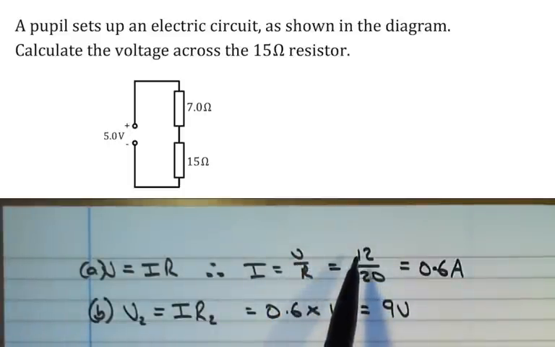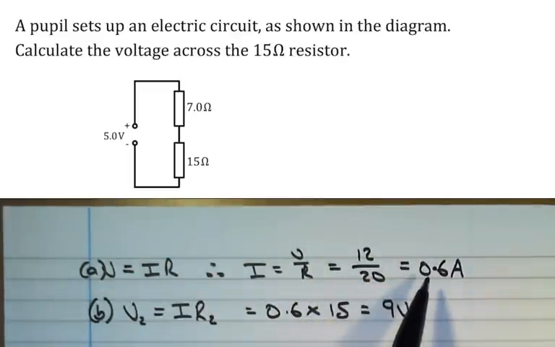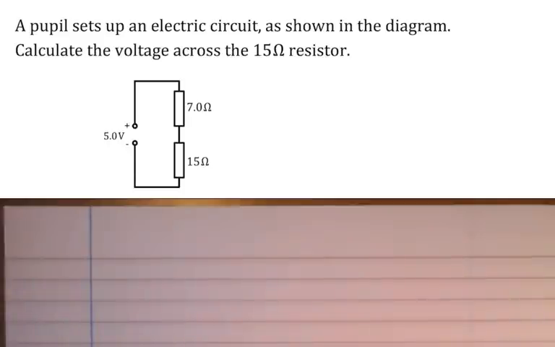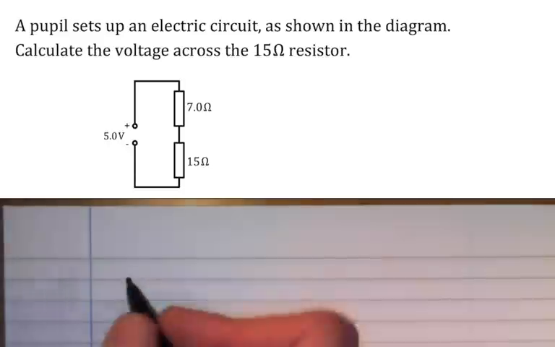We divide the supply voltage, which in this case would be 5, by the total resistance, which would be 15 and 7 is 22. That would give us the current. And if we want the voltage across the 15 ohm resistor, we'd use Ohm's law again, multiplying that current by 15. But remember there are 2 methods at least that I'm going to go over.